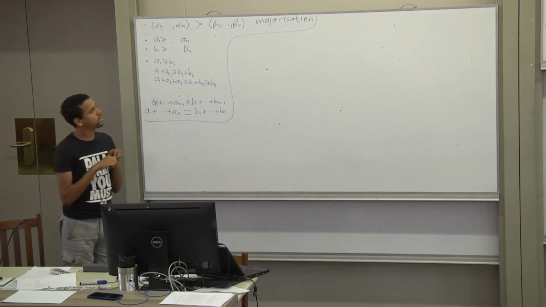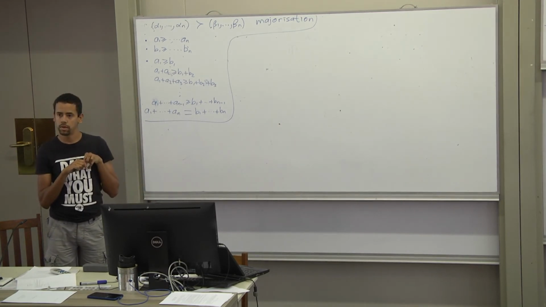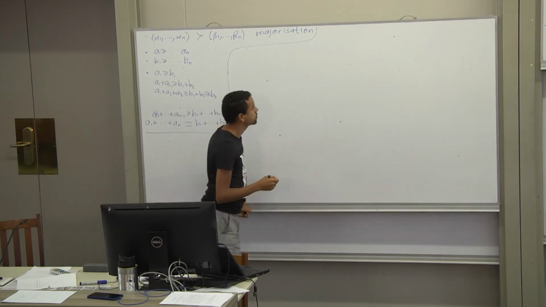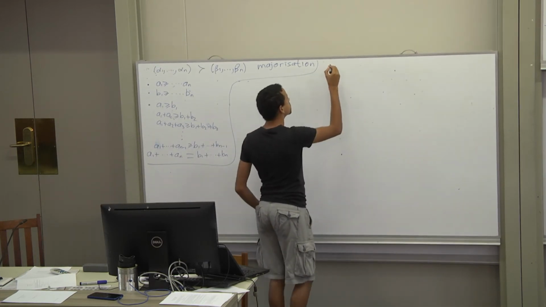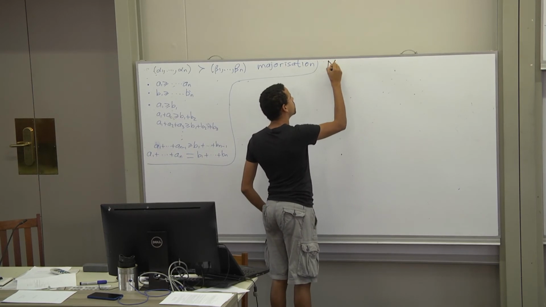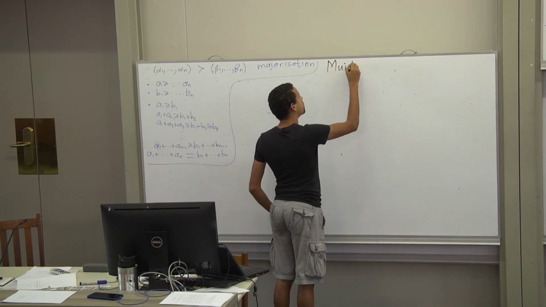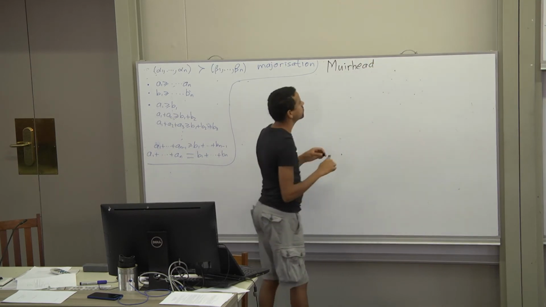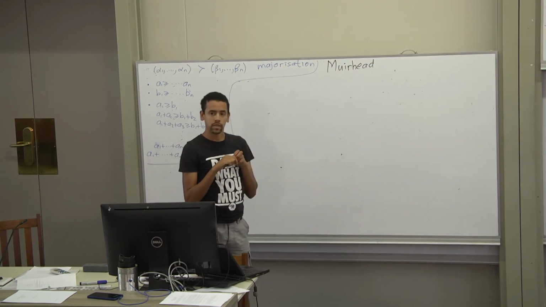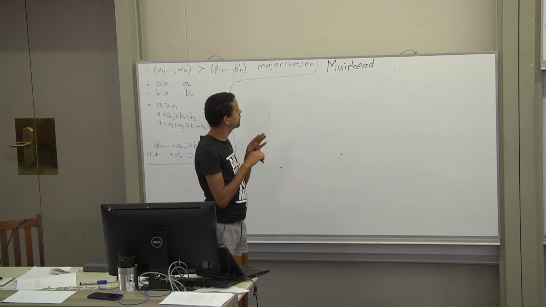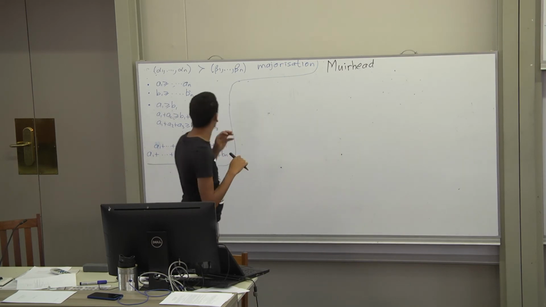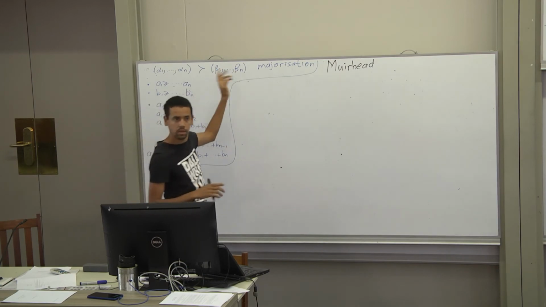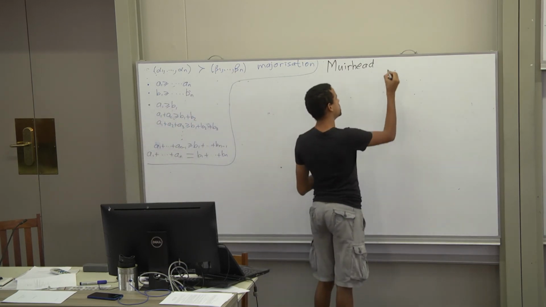And the first one I think I'll do is Muirhead. So, for Muirhead, you need one sequence, alphas, one sequence, betas, of which alphas majorizes the betas.